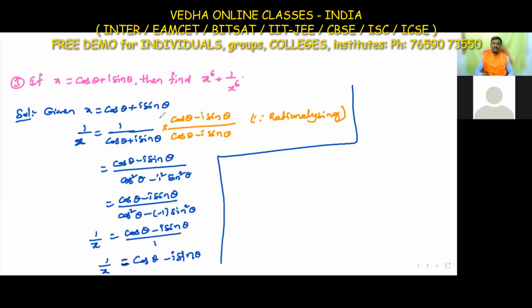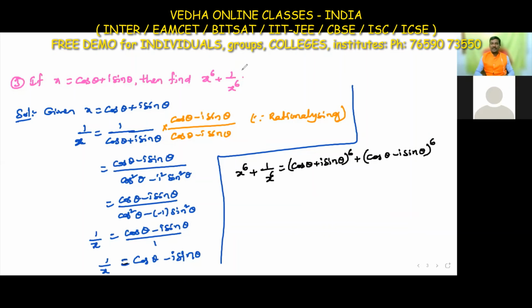Now he is asking to find the value of x power 6 plus 1 by x power 6. Just substitute the x value. X is cos theta plus I sin theta. This is x to the power 6 plus 1 by x power 6, where 1 by x value is cos theta minus I sin theta whole to the power 6.